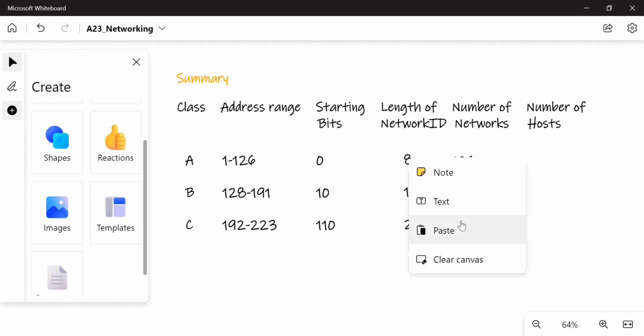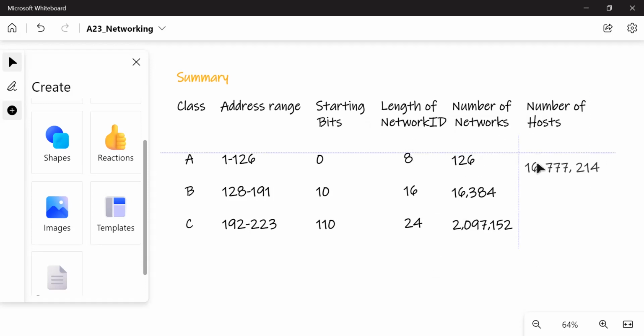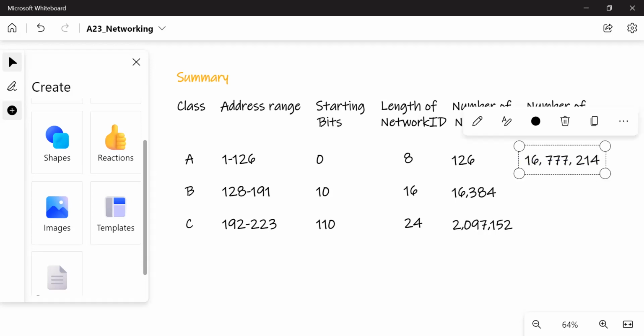Then the number of computers you can have in a network. For class A, we have 24 bits for the hosts, and the first and the last we are going to ignore, so we end up with about 16 million hosts in the network.